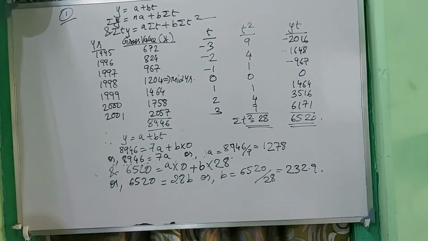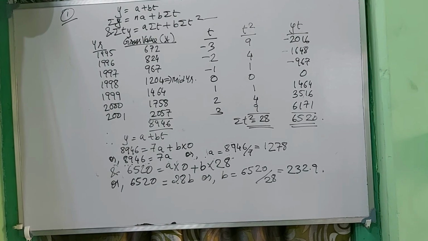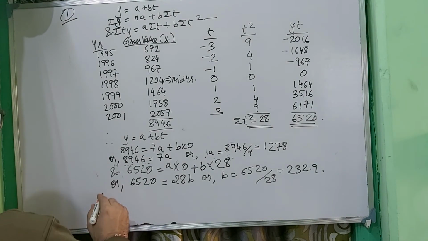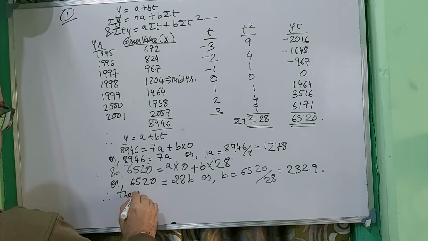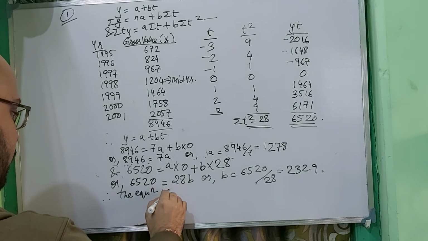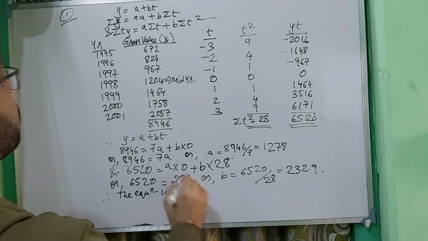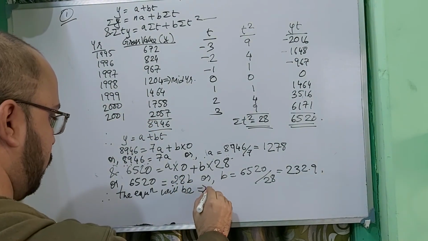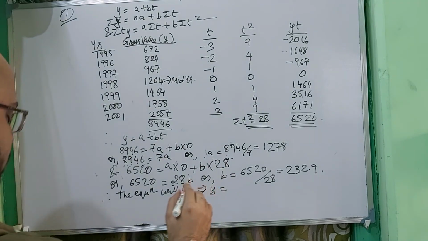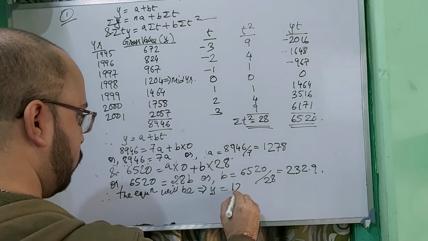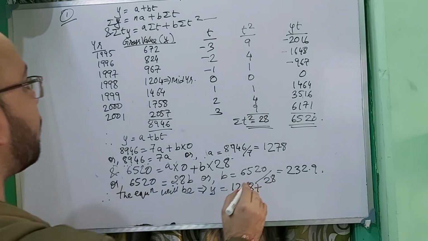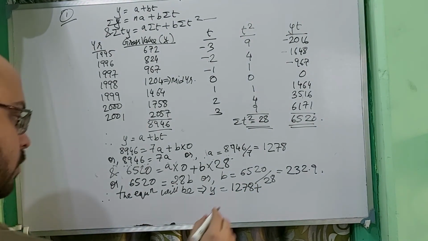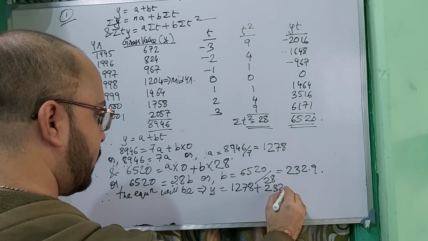So a is coming 1278 and b is coming 232.9. Therefore the equation will be y is equal to a plus bt, so y is equal to 1278 plus 232.9t.